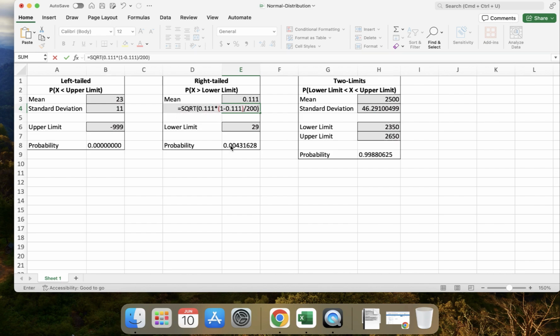Press enter. If it throws you an error, you might need to go back, press OK, and check to see if you typed it correctly. Lower limit in this case is 0.05. Press enter, and it gives us this probability, which is pretty high.